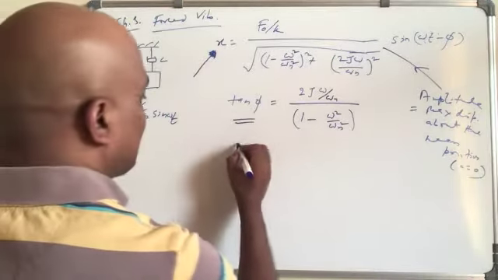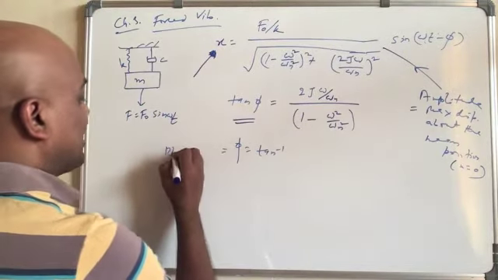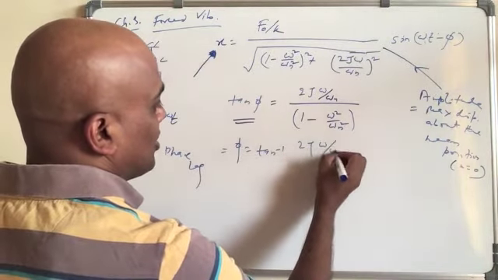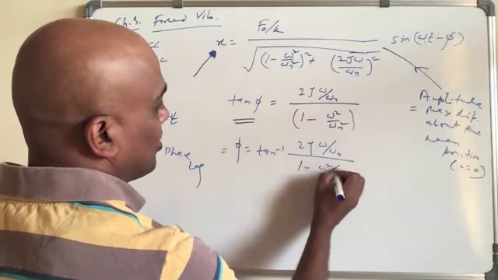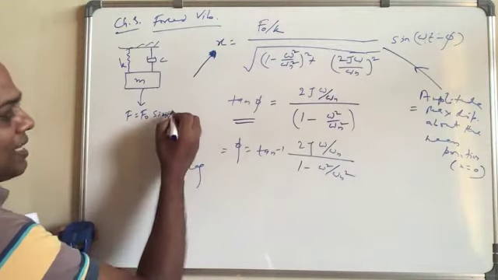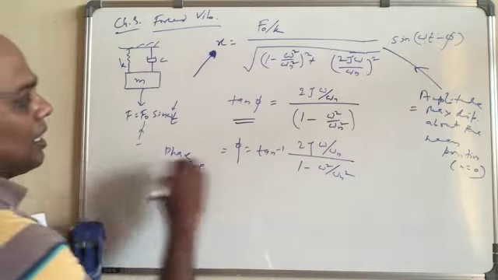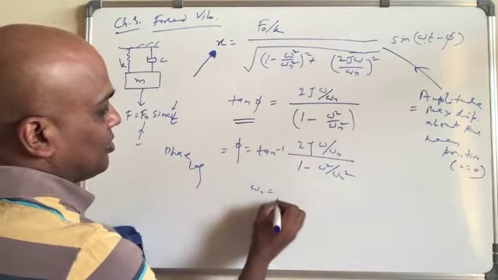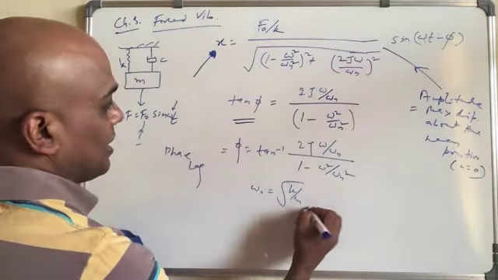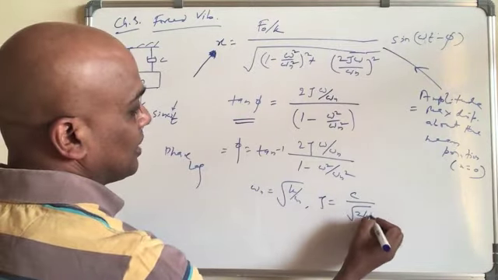And this is phi. When I ask what is the phase lag, this is the phase lag I asked, the tan inverse of 2 zeta omega over omega n over 1 minus omega over omega n square. And when I asked, I gave the value of omega and the value of F naught, for example. Others you can find: omega n equals root k over m from the given data, and zeta equals c over root 2 km.